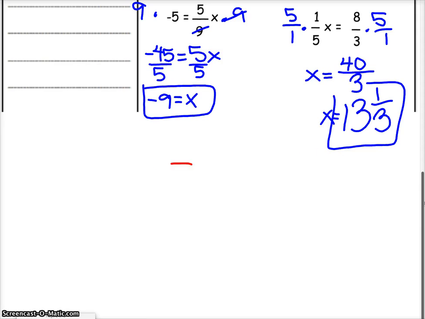Negative 1/4 x equals 6. Solve. Okay, getting rid of the bottom number.